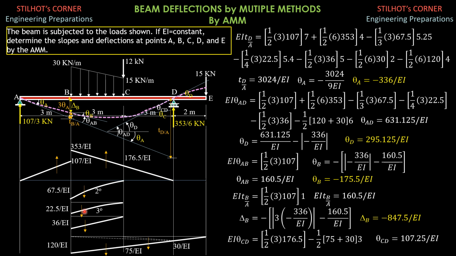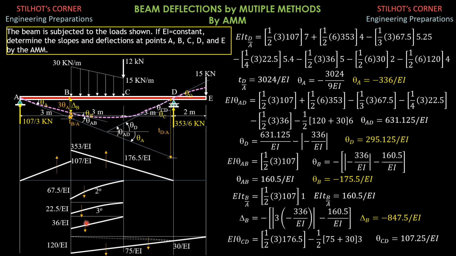Then minus the area here, moment of this area with respect to D, 1/4 of 3 times 22.5. So this distance is 3 over 5, 0.6. So this moment arm from D is 6 minus 0.6, 5.4.